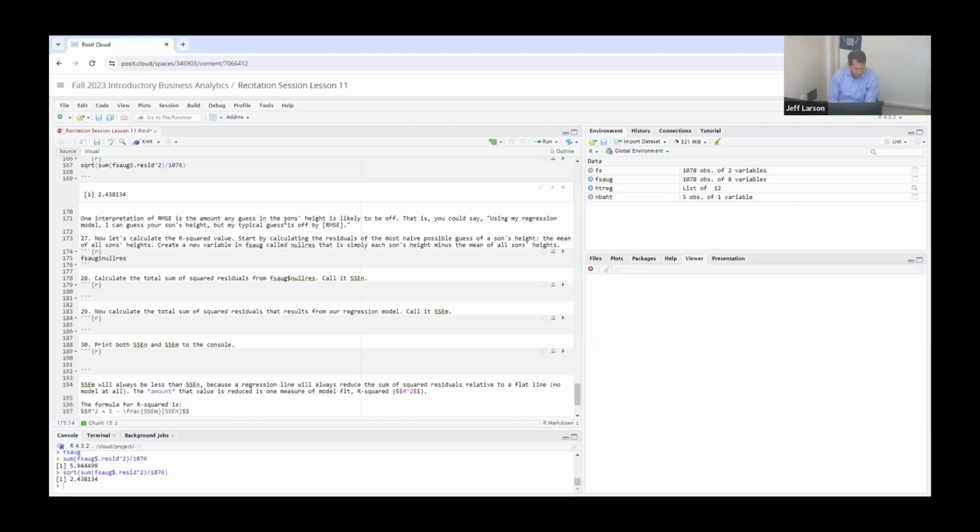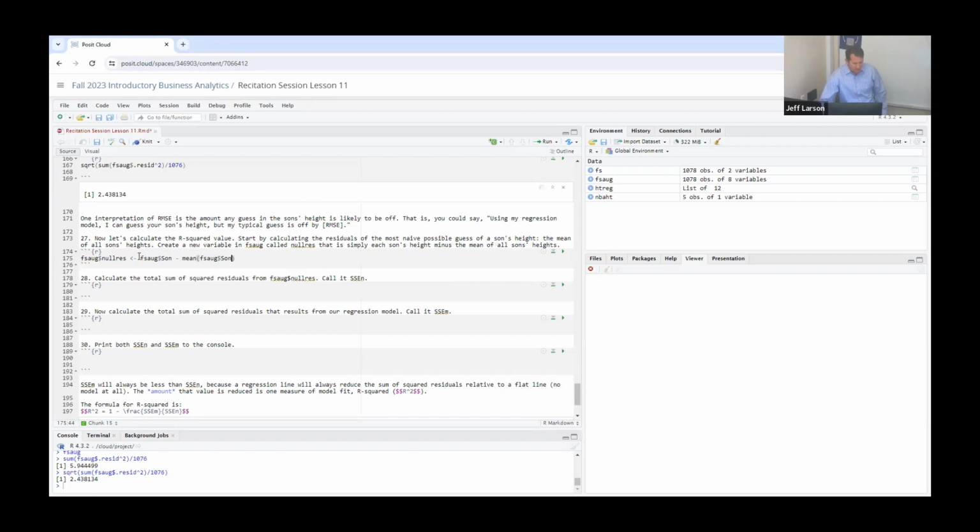So our null residual is going to be the actual height minus the average, right? So that's going to be FS aug $sun minus the mean of FS aug $sun.